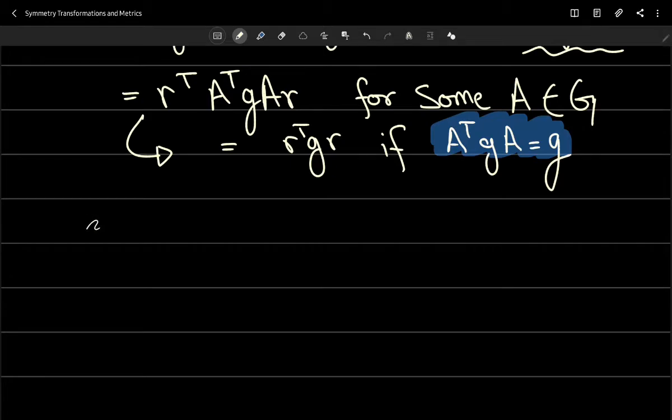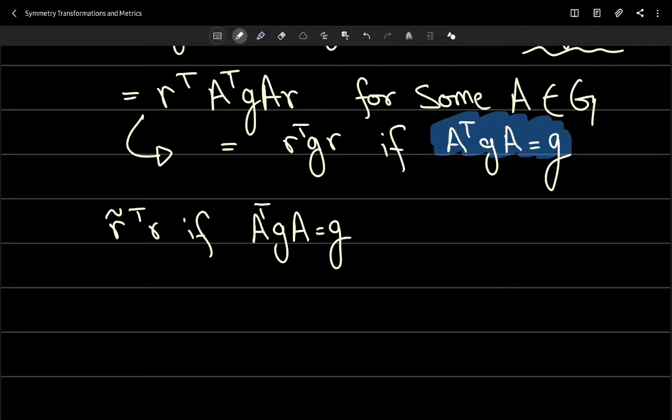So that is to say that R tilde transpose R, you will get this if we have A transpose G A equal to G. Again, for some A that belongs to the group G.